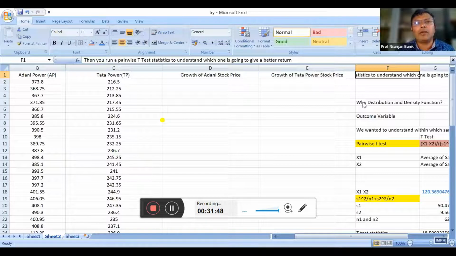Now let me ask you guys a question, and let's see whether you have understood this or not. Let's say that I run the pairwise t-test statistics, and I find that... Yogesh is saying that Tata Power has got more consistent price. So the consistency we are measuring in terms of the standard deviation.